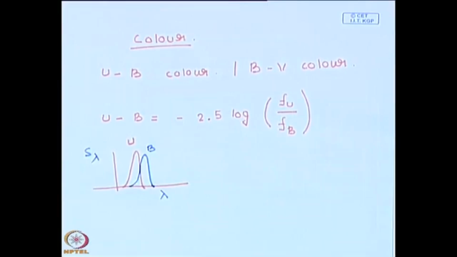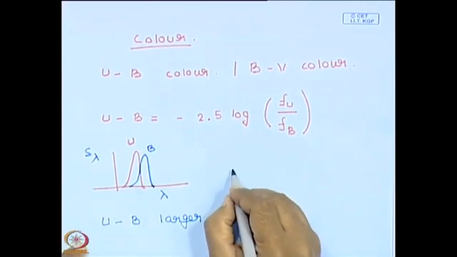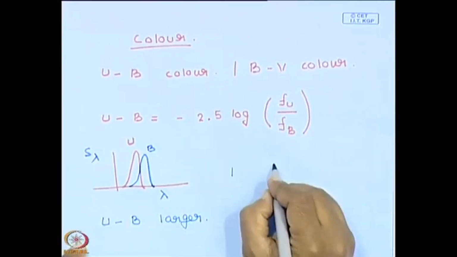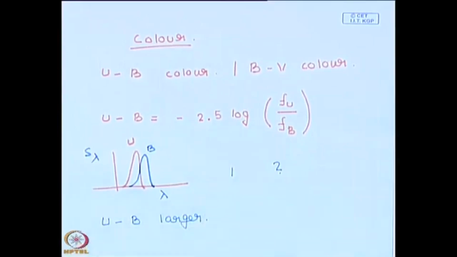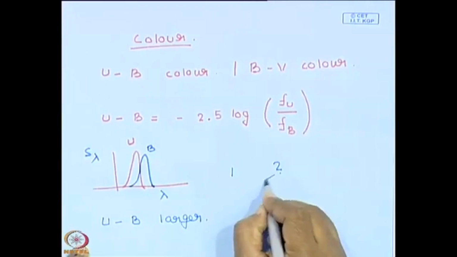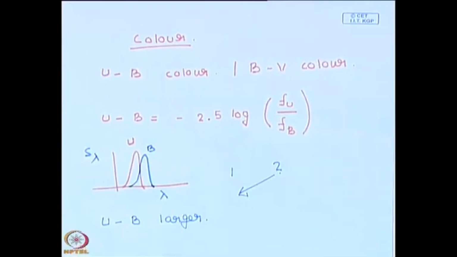So, a larger U minus B: suppose I have two sources, 1 and 2, and for 2, U minus B is larger.